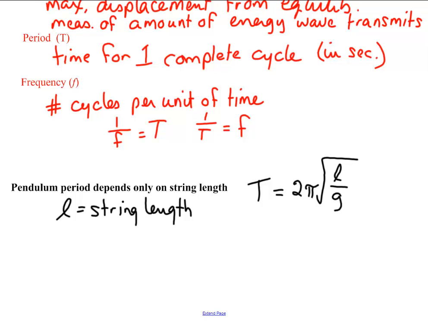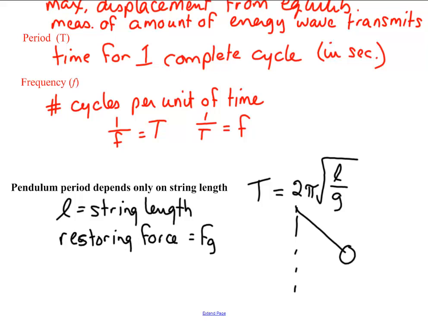In this case, restoring force is gravitational force, because when the pendulum is at its full extension, gravitational force is what restores it back to equilibrium. So equilibrium would be right there. As the bob mass gets heavier, the heavier bob mass provides a larger restoring force because Fg is going to be bigger, but it also requires a larger force to create the acceleration it experiences.